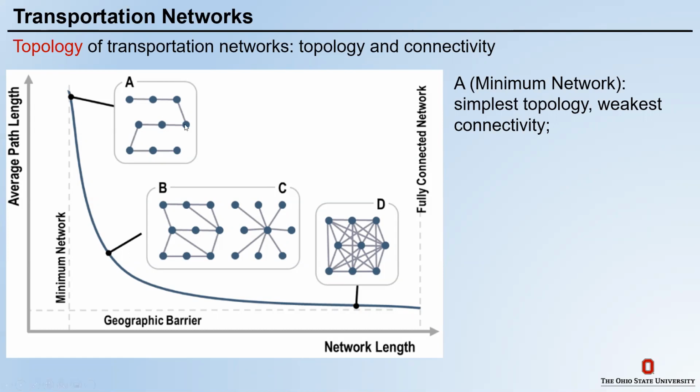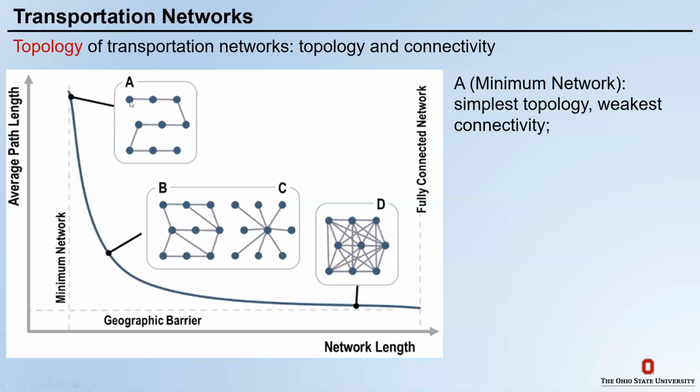So when the network is very simple and straightforward, the network length is minimum, right? Because you use the least number of links to connect all nodes. So the total network length is minimum. But when you consider traveling from one node to another, because you only have one option, and that option most likely is not the minimum possible distance between two nodes, your average path length or travel length is very high, right?